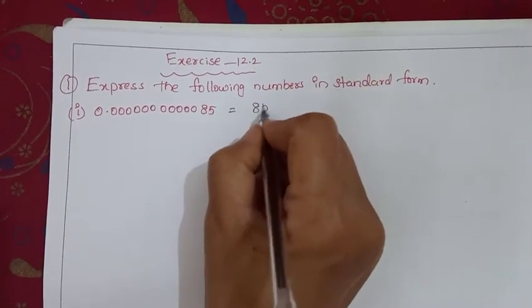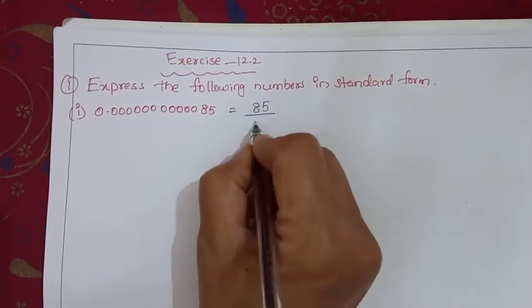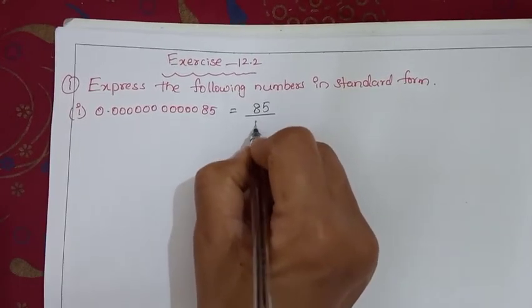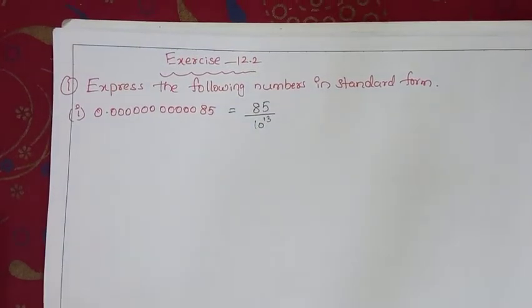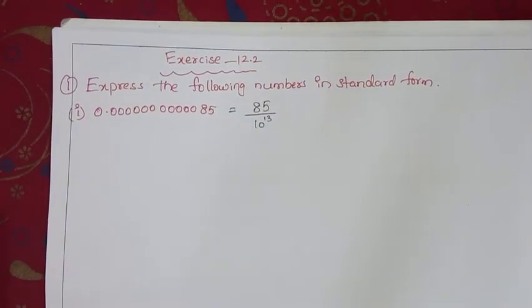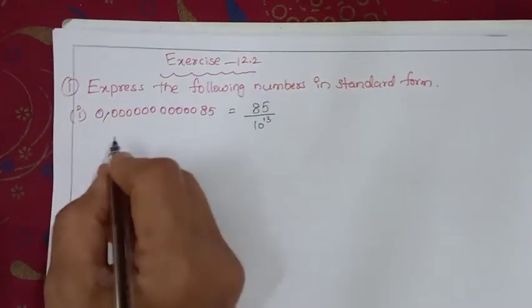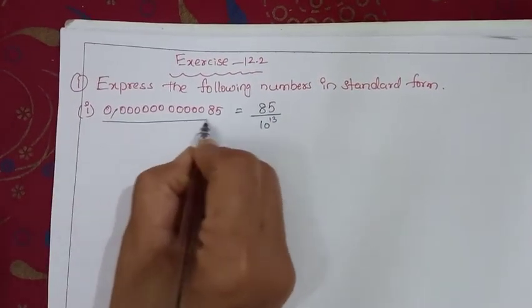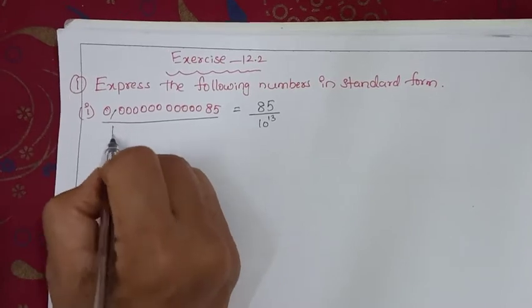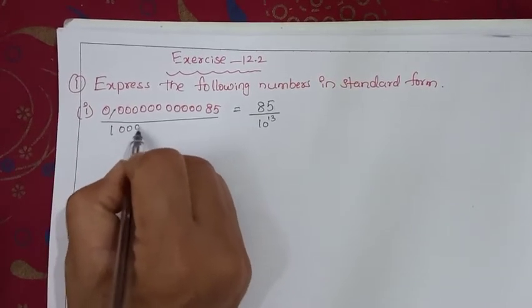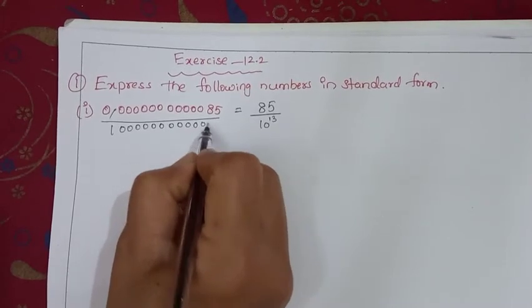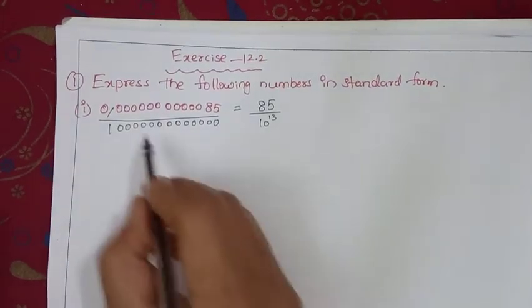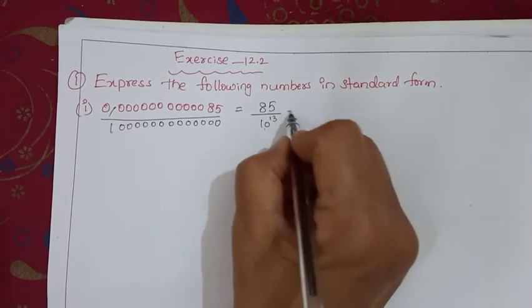So 85 by 13, I am writing directly instead of writing all the zeros. Will you accept this, children? I'm just removing this and writing down of this question, 13 zeros.